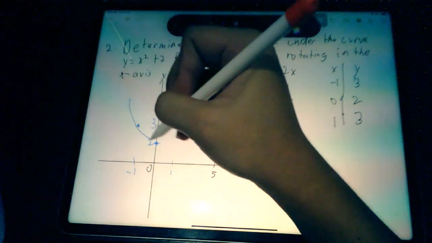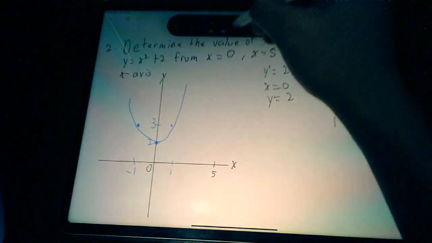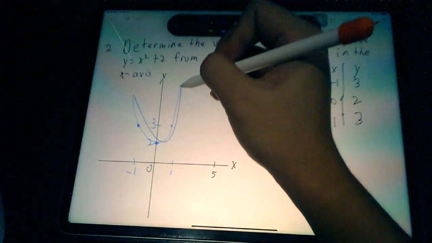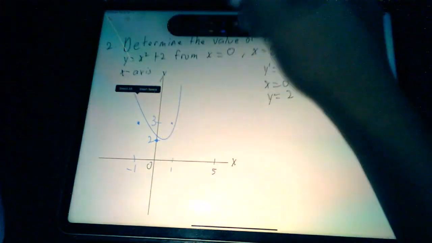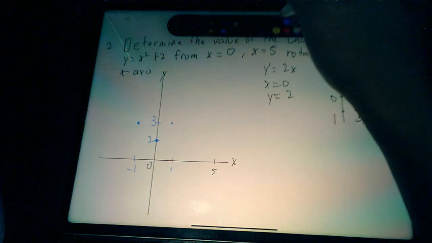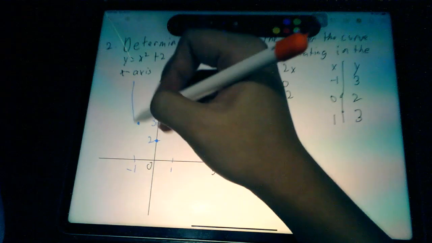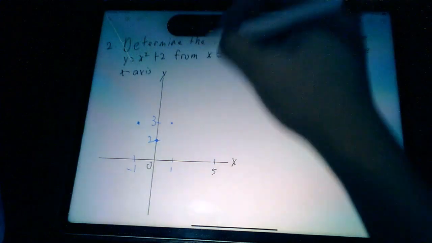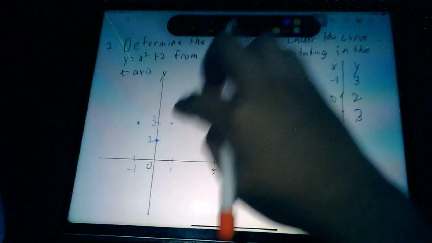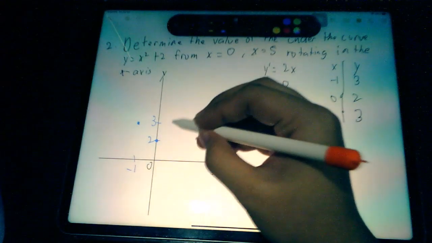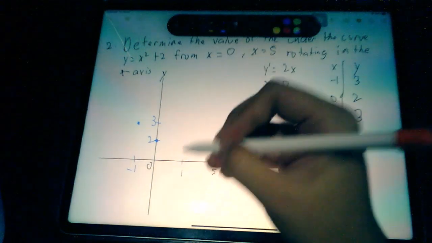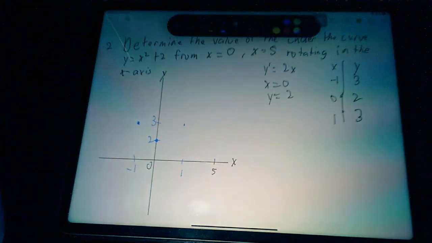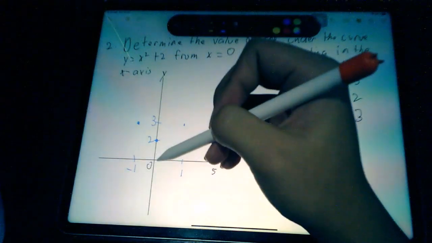So this is our parabola. Our only interest here is from x equal to 0 to 5.